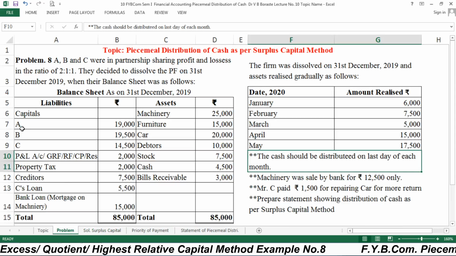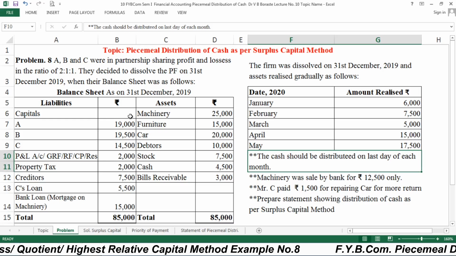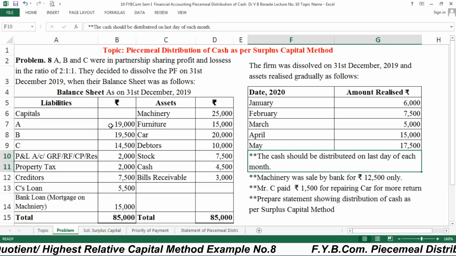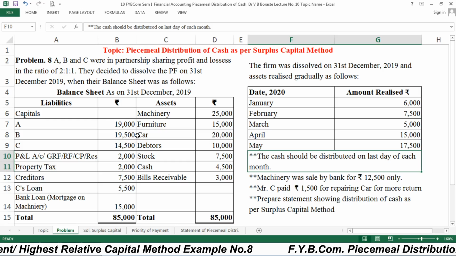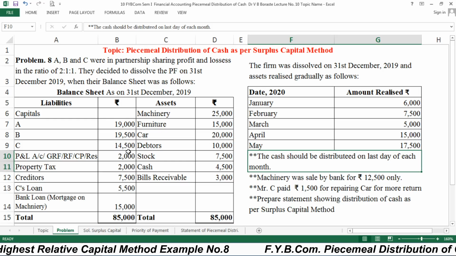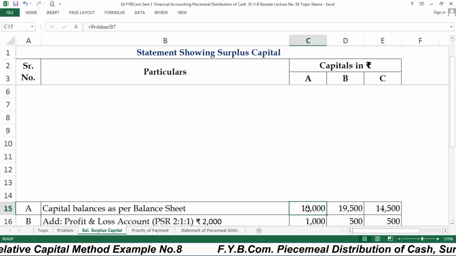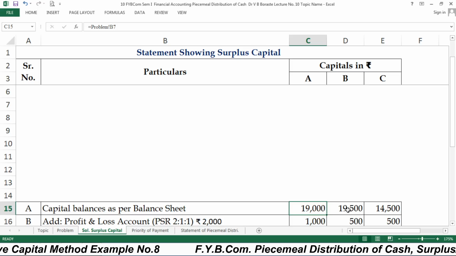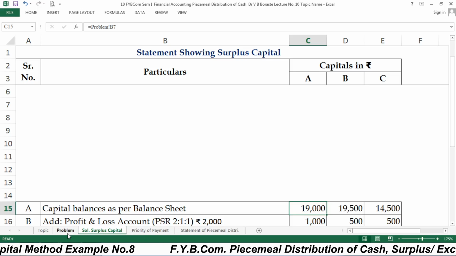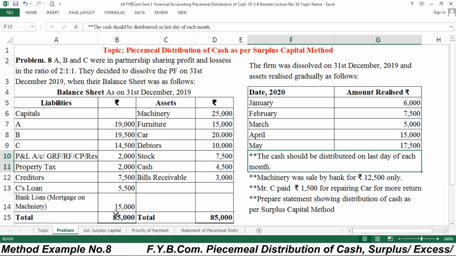Here you can see the balances of partners' capital: A's capital is 19,000, B's capital is 19,500 and C's capital is 14,500. So you have to put down all these capital balances as per the balance sheet.